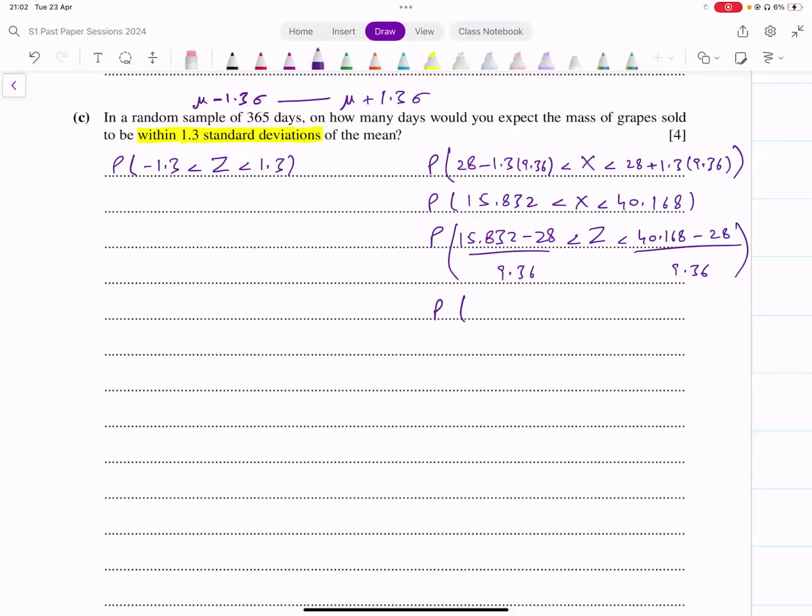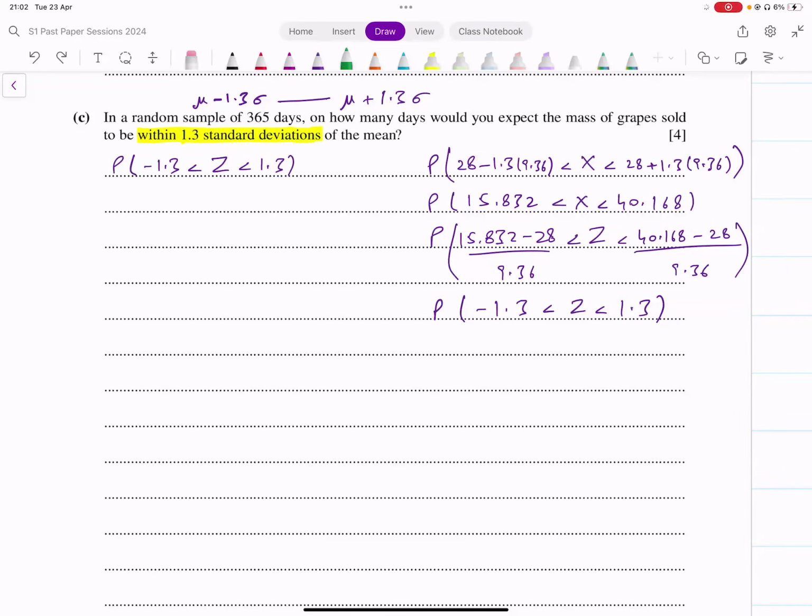This will turn out to be, you can verify this, 15.832 minus 28 divided by 9.36, and that gives you minus 1.3. And on the other side, you get plus 1.3. So you could actually skip all of this if you understand the meaning of Z value. Z value means the number of standard deviations you are above or below the mean.